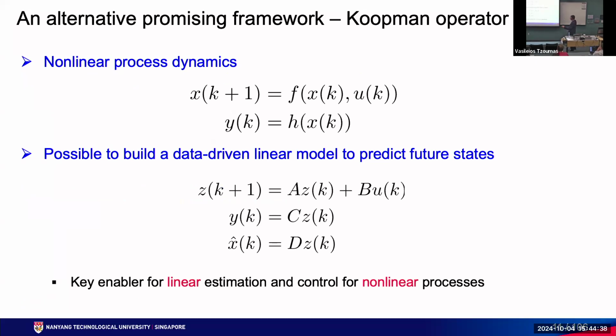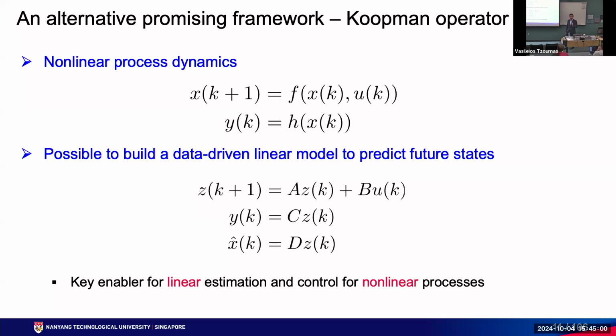Another difference between the two models is that instead of using the original state vector, which takes physical meaning, we probably will need to create a new state vector in a new latent space, because nonlinearity is not eliminated. We are not building a linear model based on Taylor series expansion.